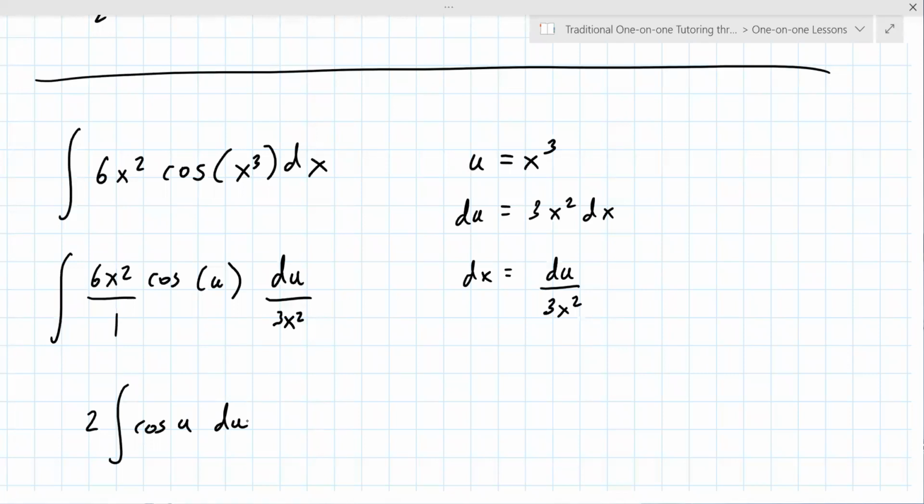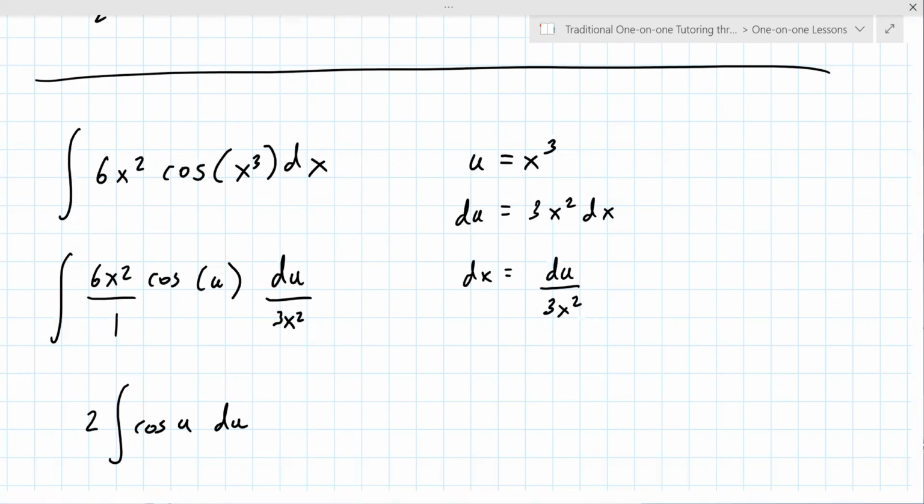Why did you put 6x squared over 1? Just so you could see that it multiplies by 3x squared on the bottom to cancel. You don't have to. Okay. You just have to see that 6x squared over 3x squared gives you 2.